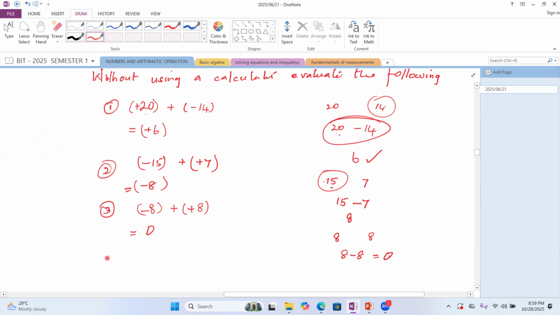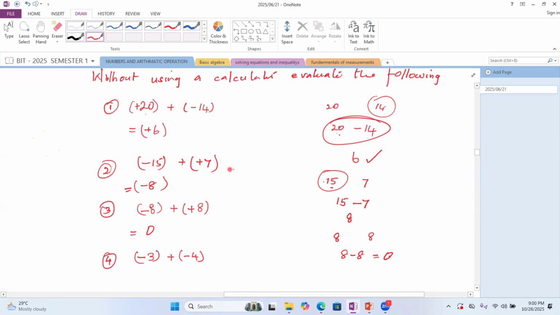Then another question is same sign numbers, for example -3 and -4. For opposite signs, we subtract the smaller value from the highest value without sign, then we write the sign of the highest value.